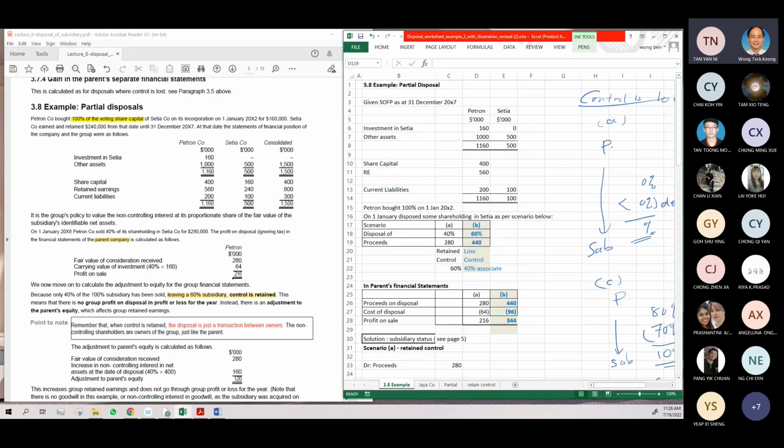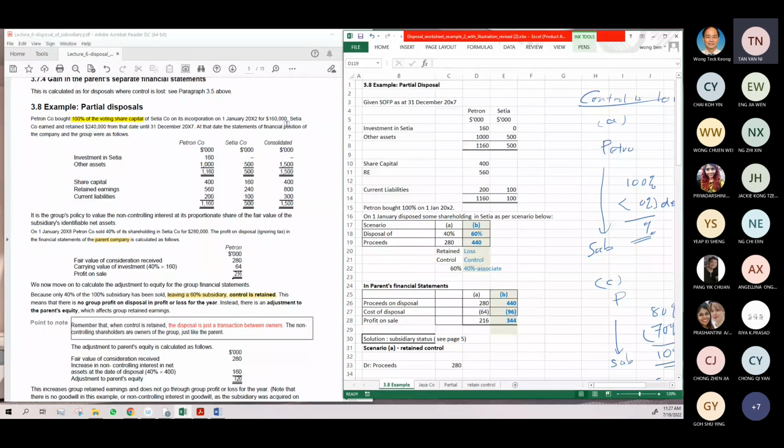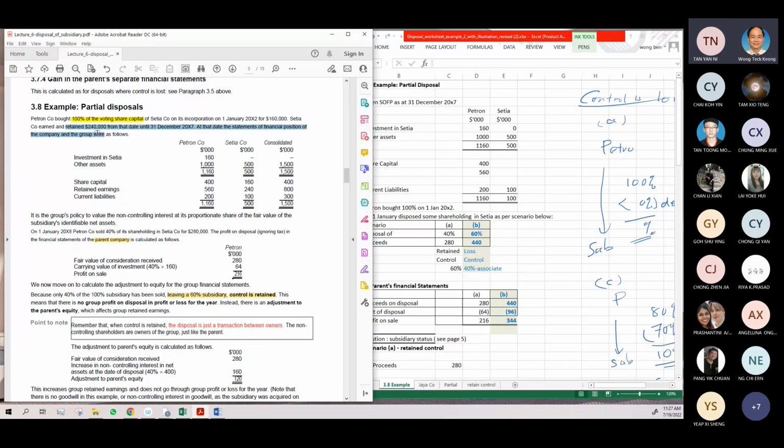This is Petrol here. 100% on 1st January for 160,000. So Sedia company earned retained earnings of 240,000. So this is pre-acquisition profit. So they acquired on 1st January, they paid 160. So in here, in fact, you can compute goodwill. So from X2, they bought it all the way to X7.